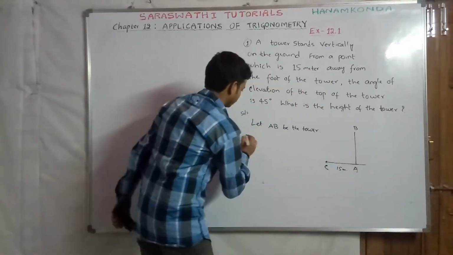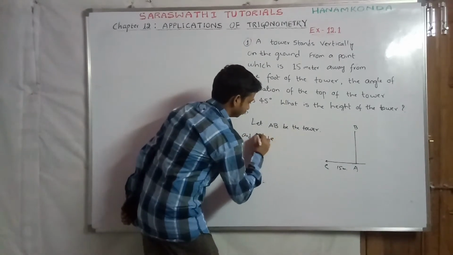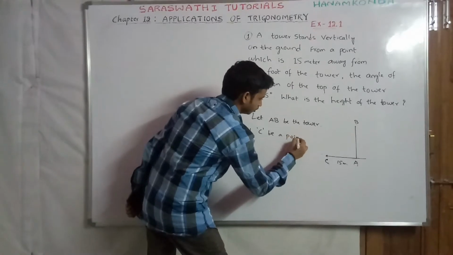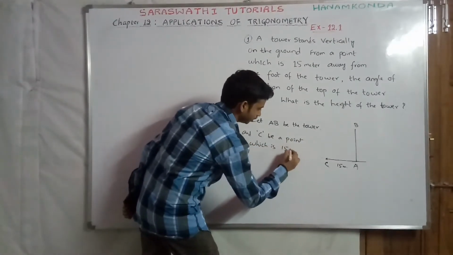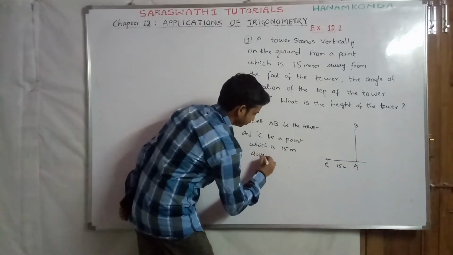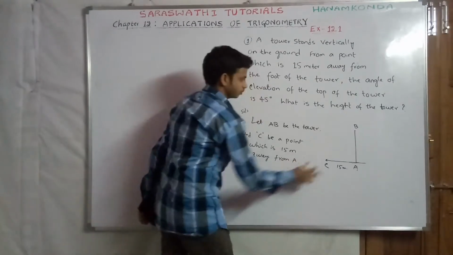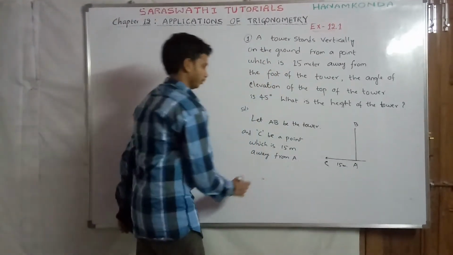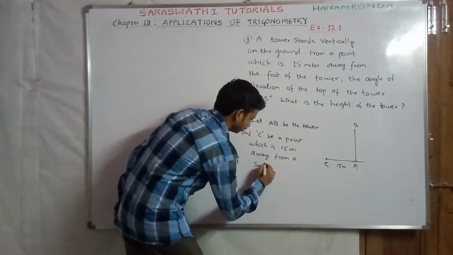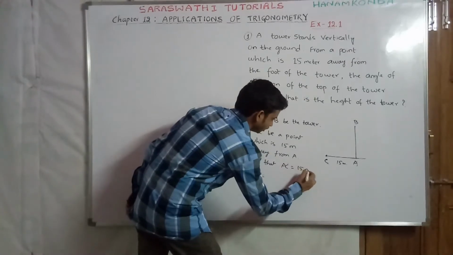So let C be a point which is 15 meters away from A. So C is a point which is 15 meters away from the foot of the tower, that means distance AC equals 15 meters.